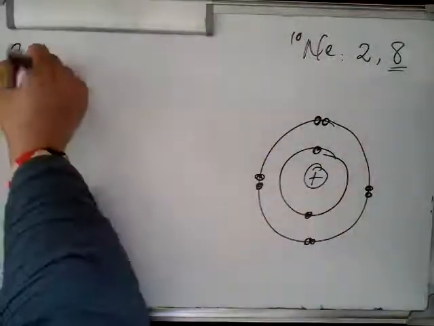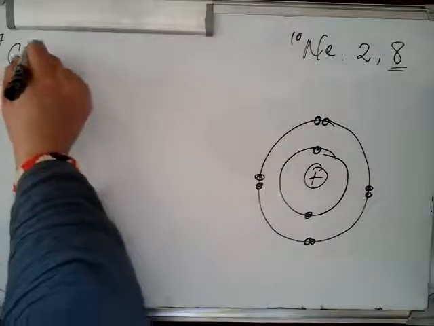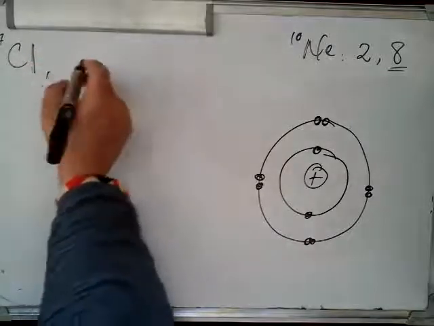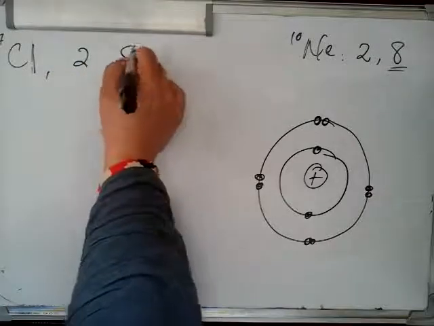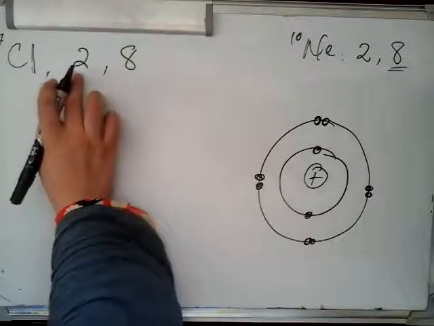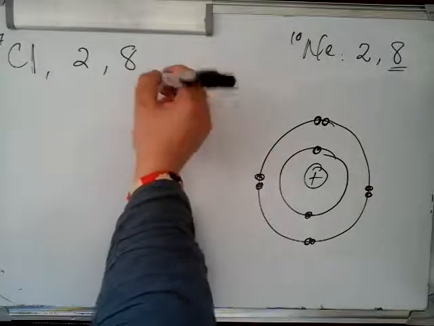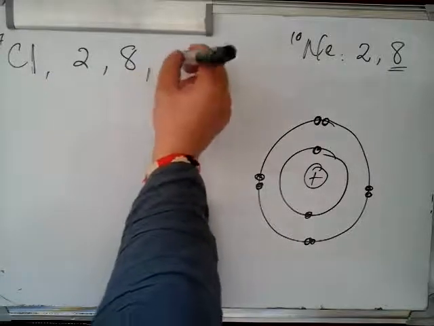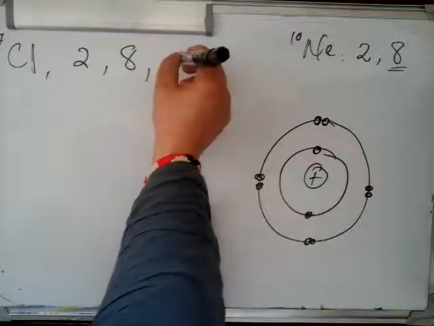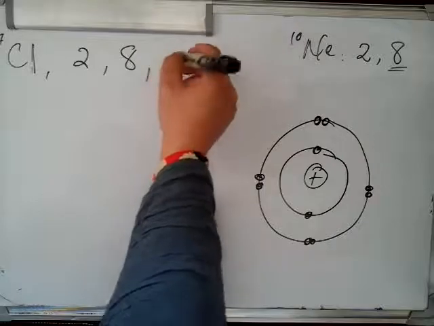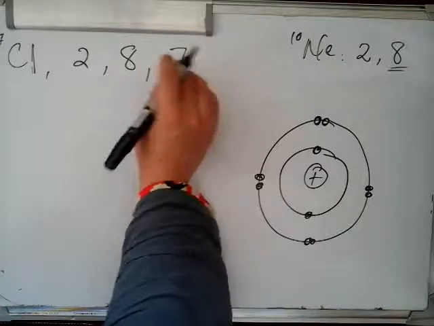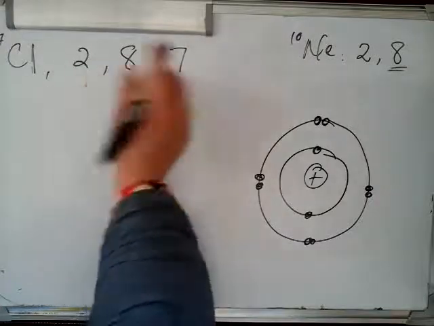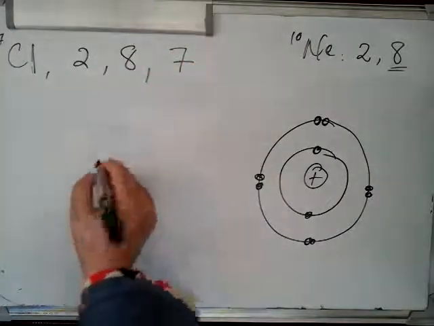Another example, chlorine. Chlorine atomic number is 17. Its electronic configuration would be 2 in the first shell, 8 in the second shell, 2 plus 8 is 10, then the remaining 7 electrons. The third shell contains 7 electrons.